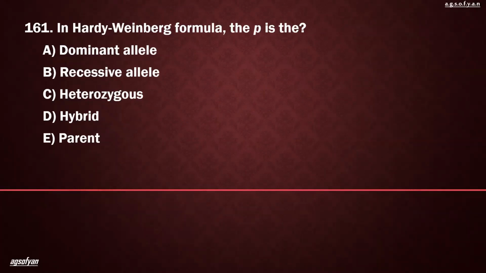In the Hardy-Weinberg formula, the formula is like this: P squared plus 2PQ plus Q squared equals 1.